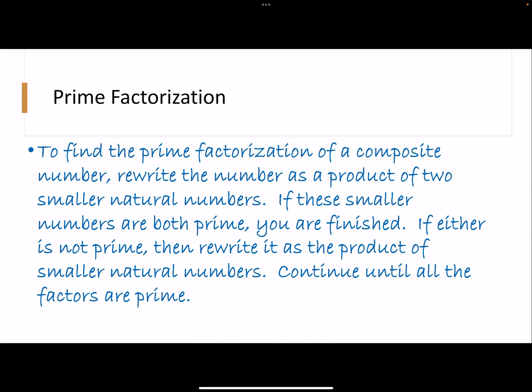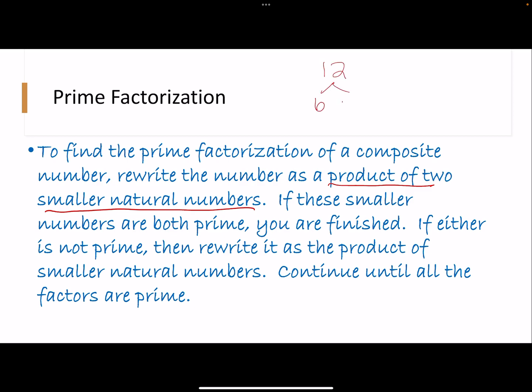So let's look at some examples of the prime factorization. We're going to find the prime factorization of a composite number by rewriting the number as a product of two smaller numbers. When I was talking about writing the prime factorization of 12 in the previous slide, it doesn't matter what numbers I multiply together to get 12.